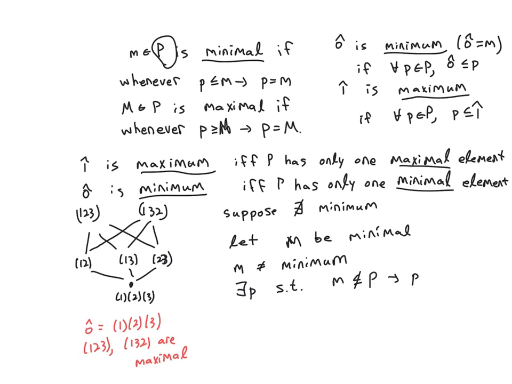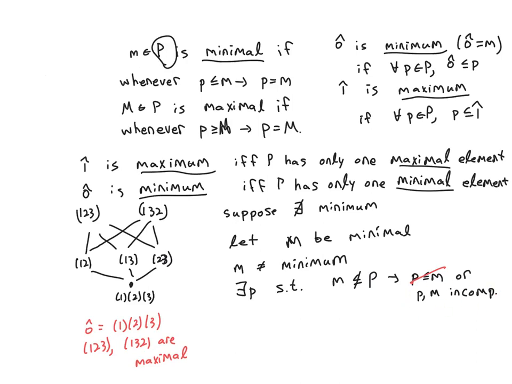This means either that P is less than or equal to M, or P and M are incomparable. However, we can already rule out this option because we're assuming M is minimal. So if P is less than or equal to M, then P is equal to M. But then that contradicts this assumption.